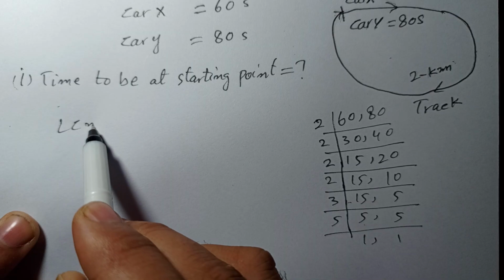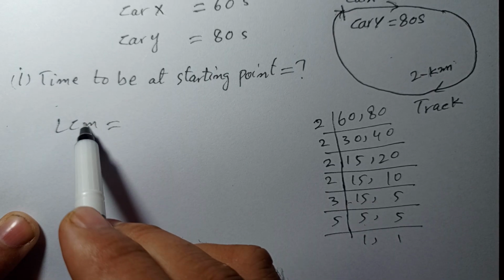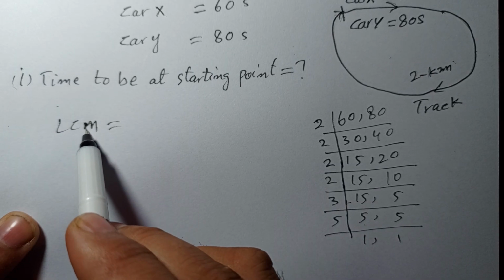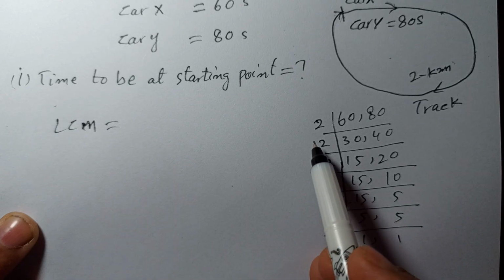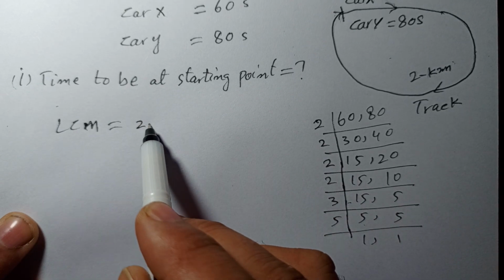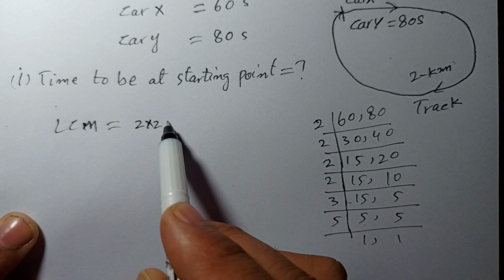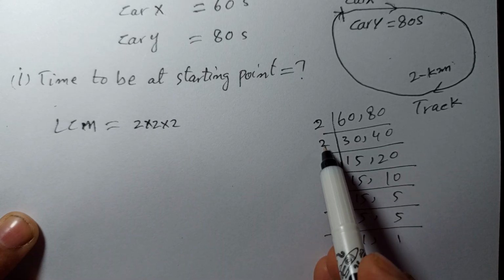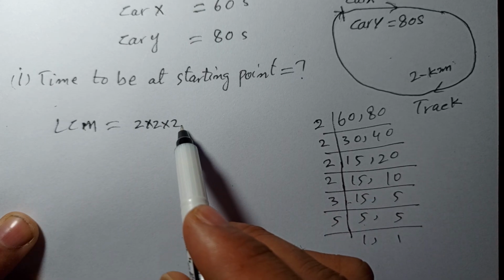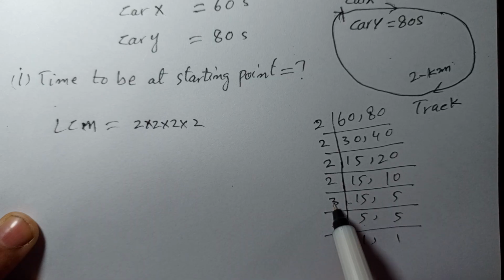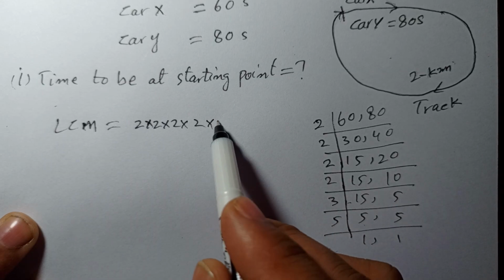So we will write here LCM is equal to these 2s, 1, 2, 3, 4, then 3 and 5.